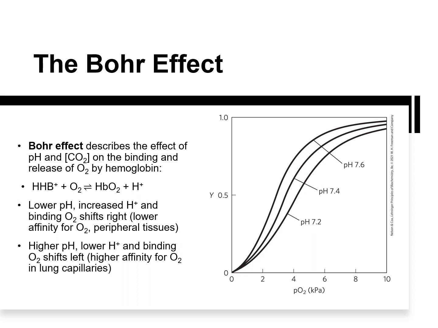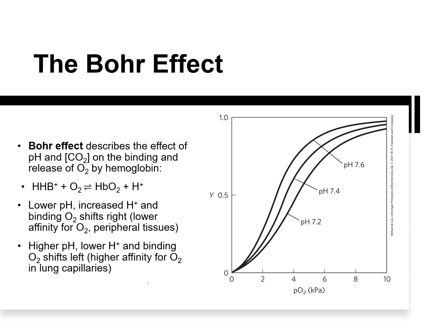So I just said a moment ago that hydrogen ion concentration and CO2 are inversely related to the binding of oxygen. Let's examine that in the context of this equation right here.